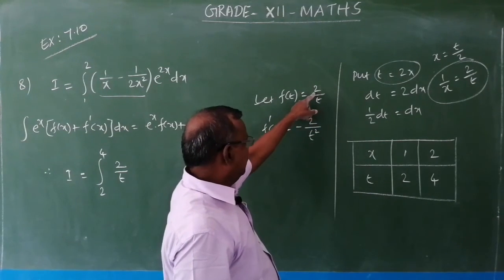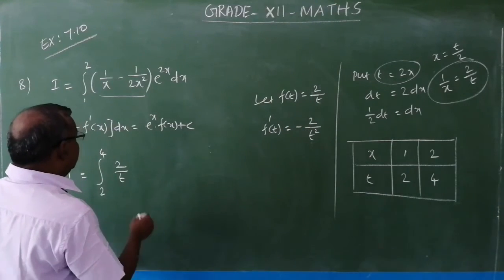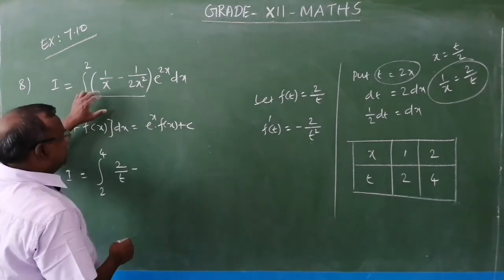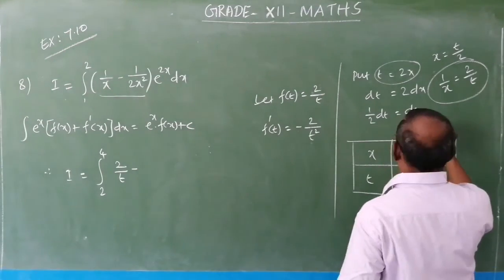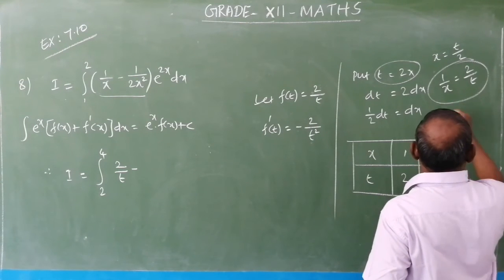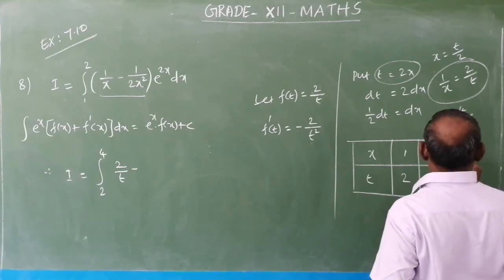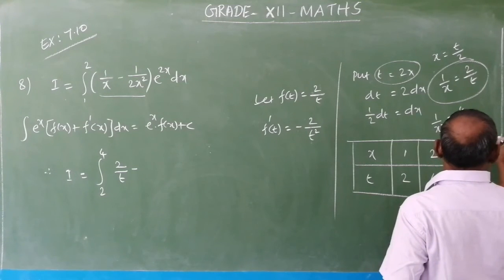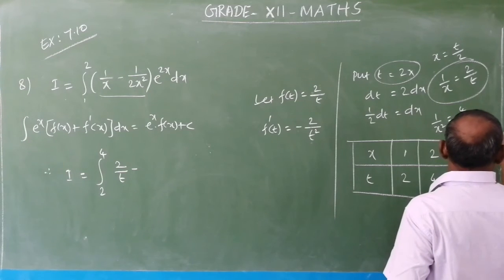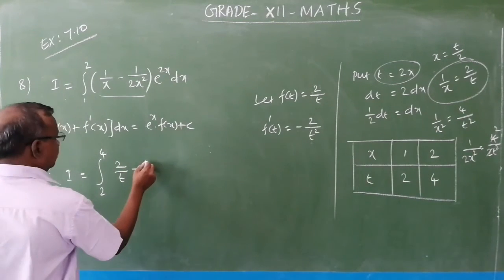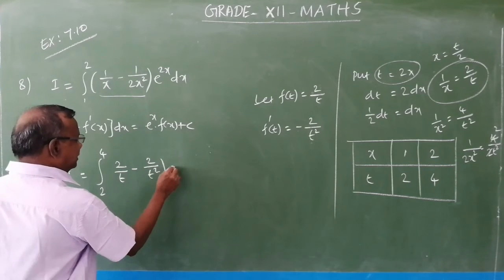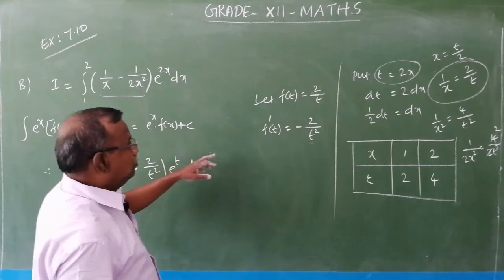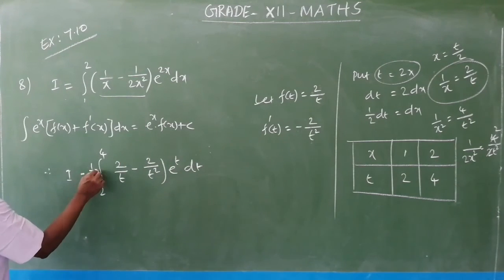Since 1 by x equals 2 by t, squaring both sides, 1 by x square equals 4 by t square, and 1 by 2x square equals 4 by 2t square, that is 2 by t square. So this is 2 by t square into e power t into dt. Since dx equals 1 by 2 dt, we put 1 by 2 here.